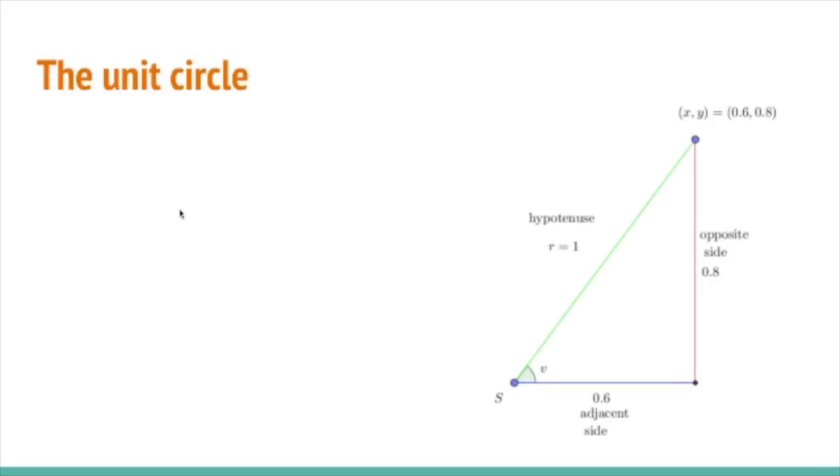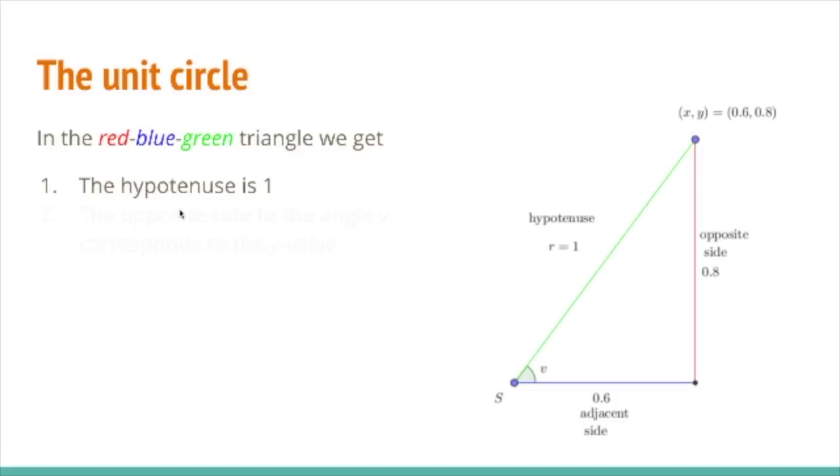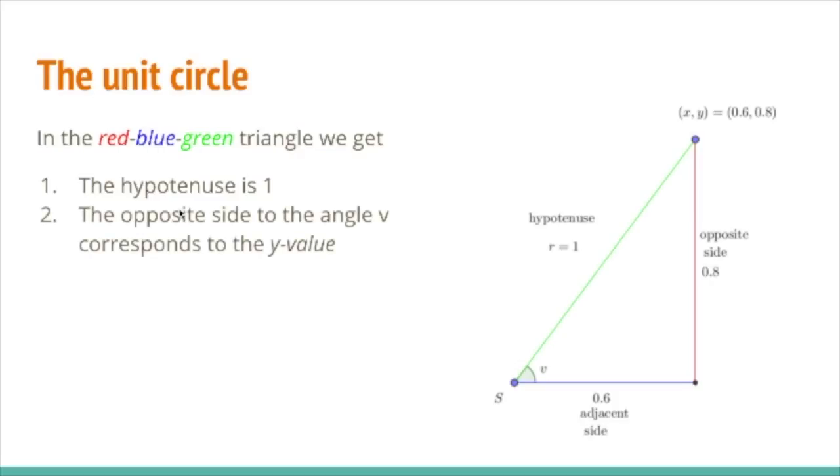So if we take out that triangle and look at it, you see that the x value was 0.6. Now in this red, blue, green triangle, the hypotenuse is 1. The opposite side to the angle V corresponds to the y value. So what does that mean?